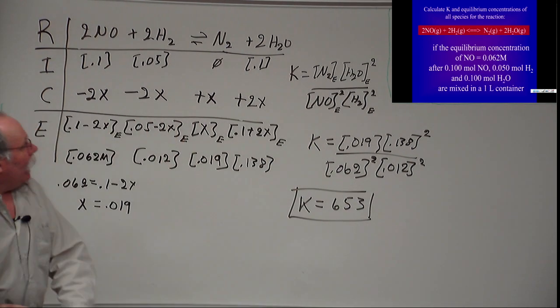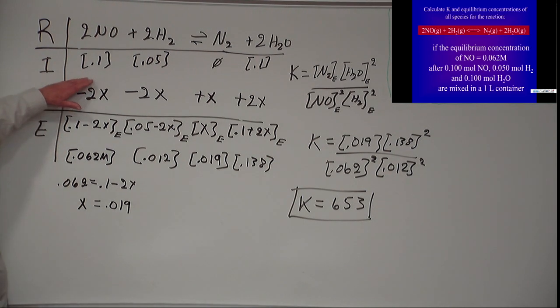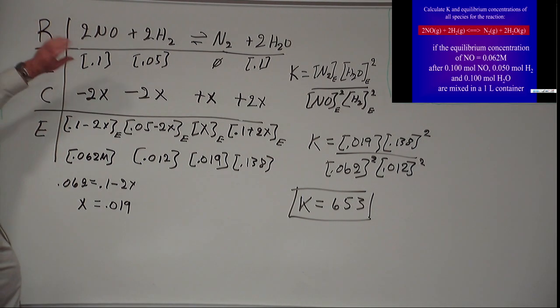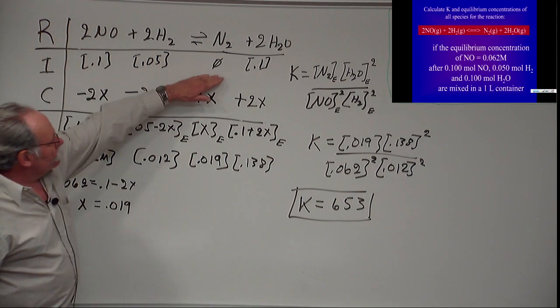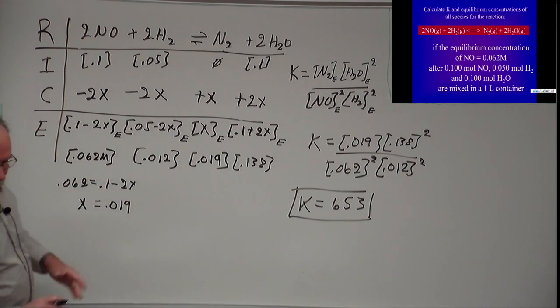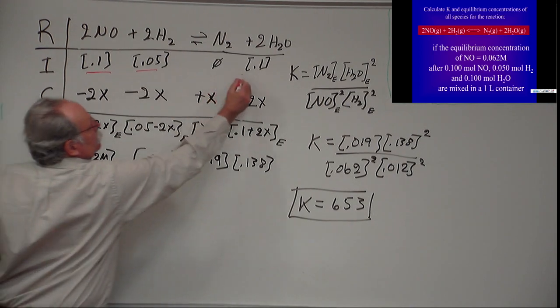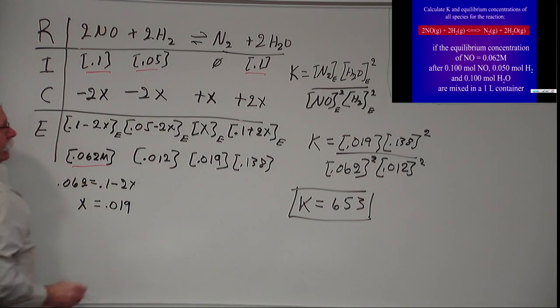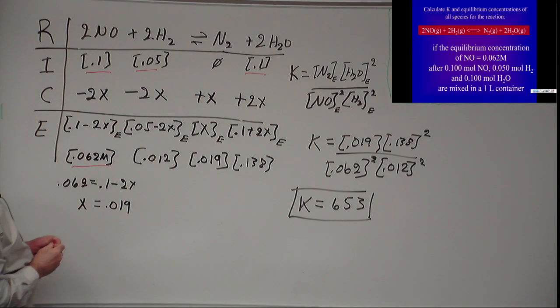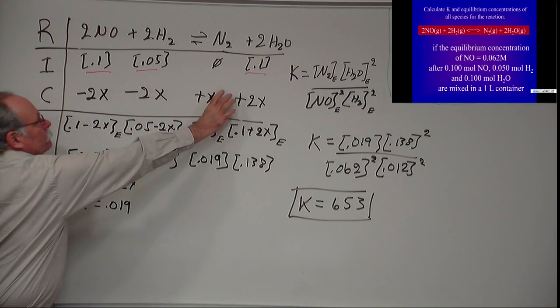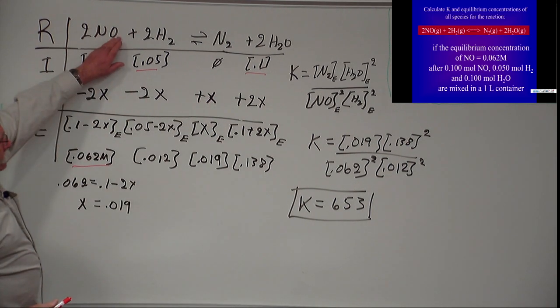Okay. And to sum this up, I have initial conditions, and I have one species at equilibrium. So you had to have things that you mixed and one thing at equilibrium. Then I relate the extent of reaction to the coefficients.